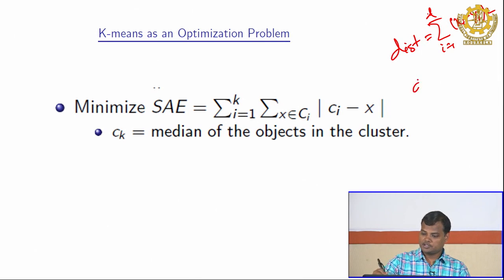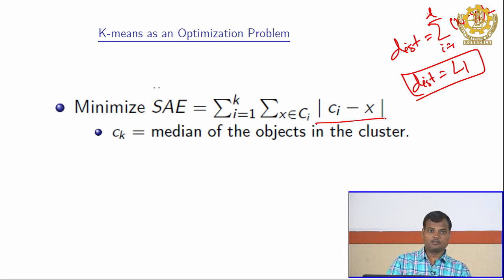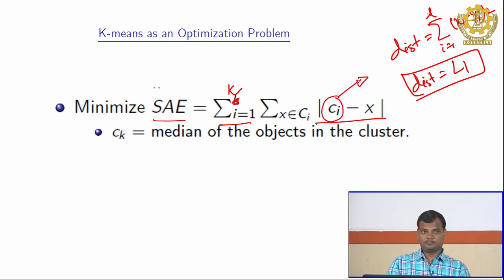Now if the distance is the L1 distance, then the SSE value will be summation over i to k, where k is the total number of clusters and x belongs to cluster C_i, of |c_i minus x_j|. So you have to find what c_i is. For simplicity, consider a one dimensional case.